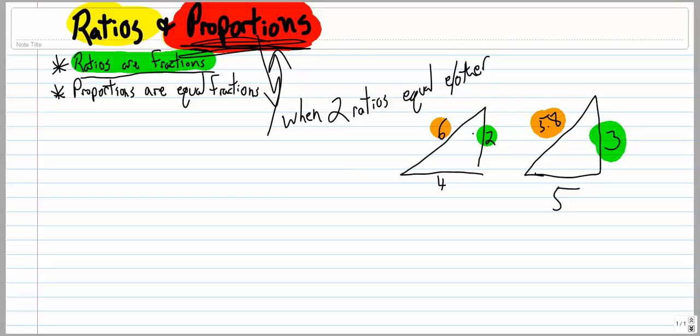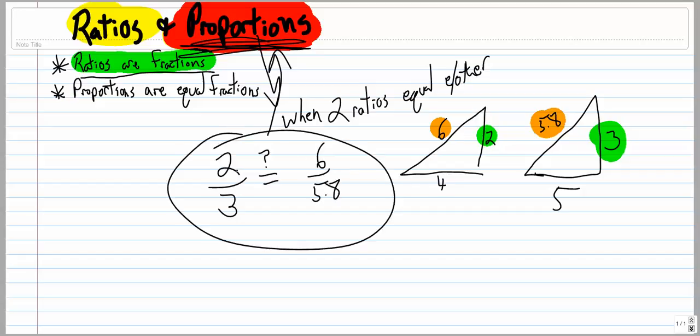And I'm going to go 2 over, it doesn't really matter whether I pick the 6 or the 3, I'm going to go 2 over 3. Does that equal 6 over 5.8? If this is true, then they are proportional. If it's not true, then they are not proportional. So how can I test to see if they're proportional? I will do the cross multiplying trick.